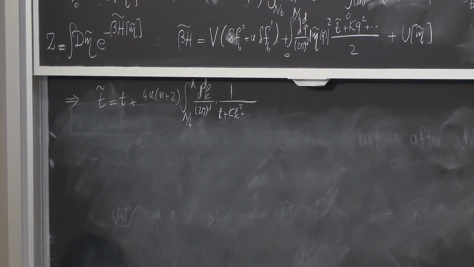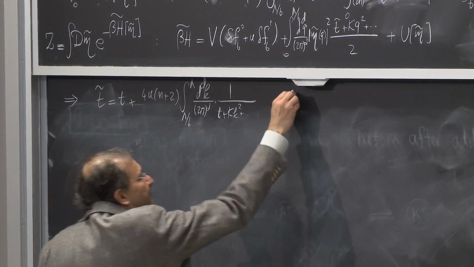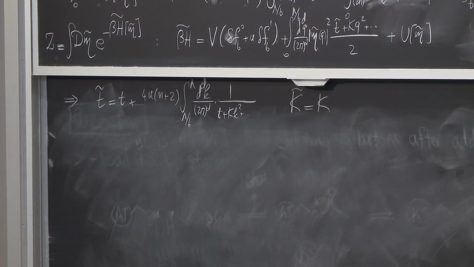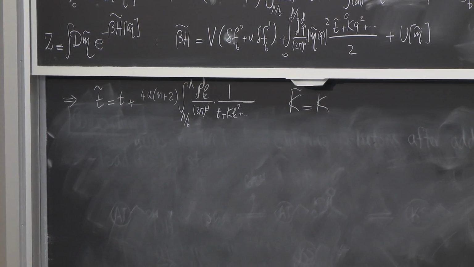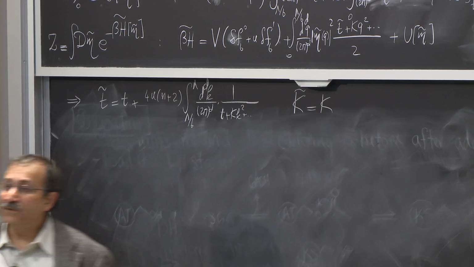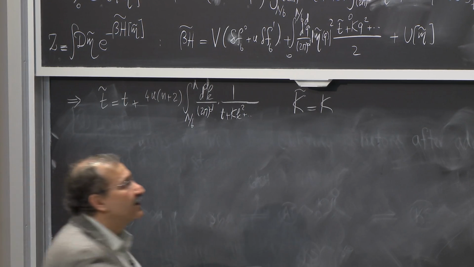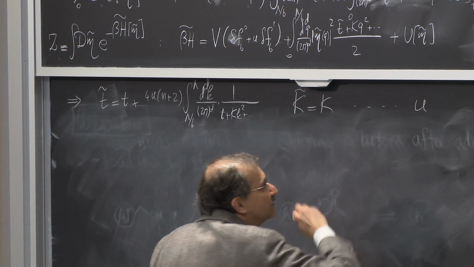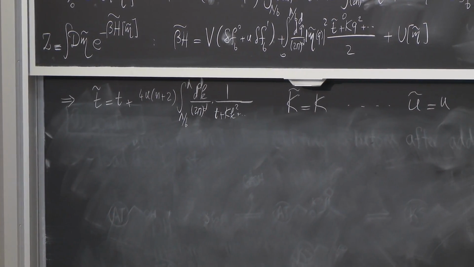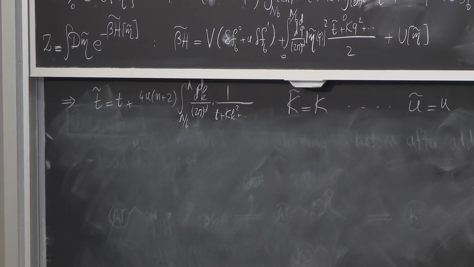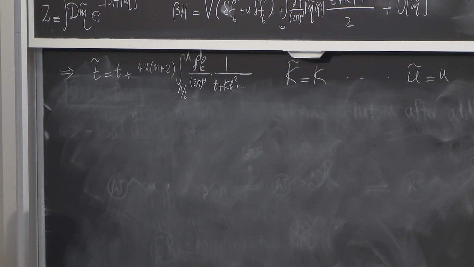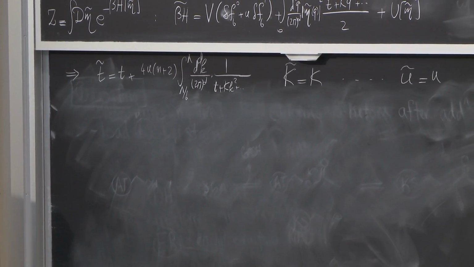But quite importantly, the parameter that I would associate with coefficient of q squared is left unchanged. If I had a coefficient of q to the 4th, its coefficient would be unchanged. And I have a coefficient for u, its coefficient is unchanged also. So the only thing that happened is that the parameter that corresponded to t got modified.